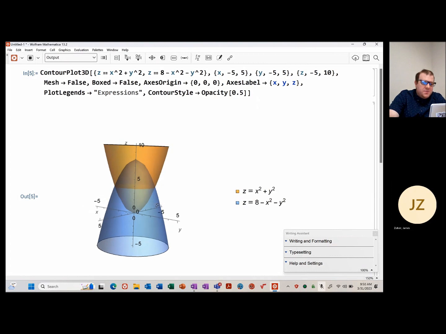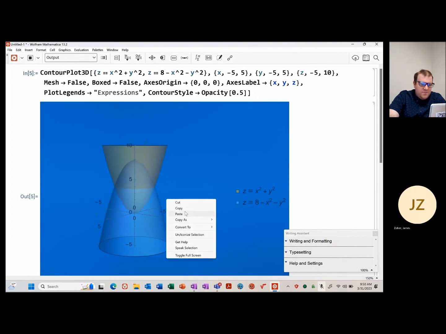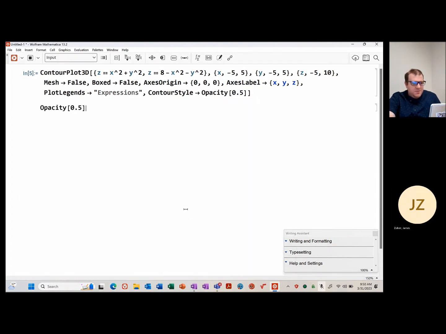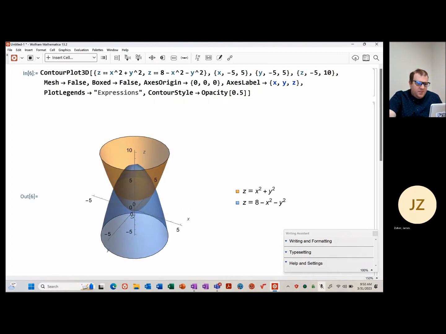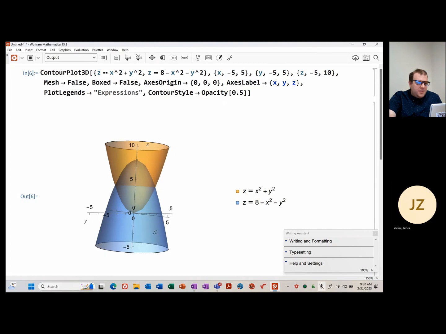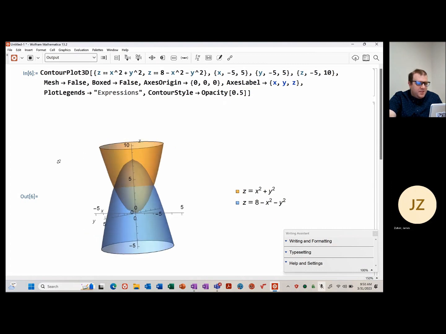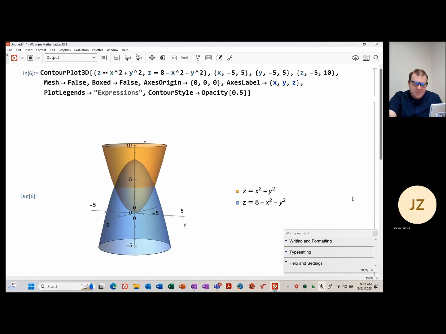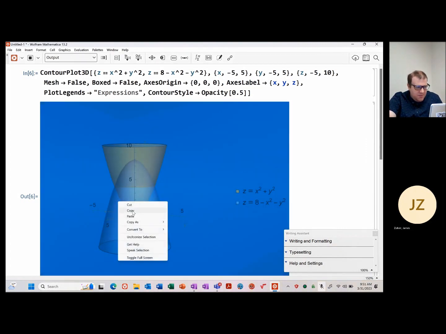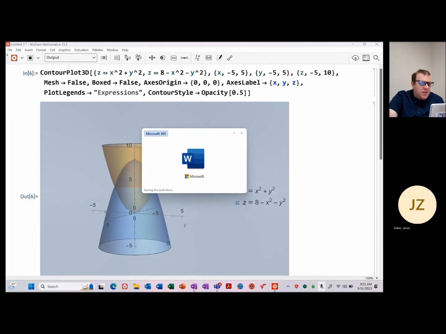So I'm definitely gonna need the opacity for both. That's kind of a good angle right there. Oops. Finally get a good viewing angle. I hit the wrong button, of course. Copy. And we're not even going to play games.